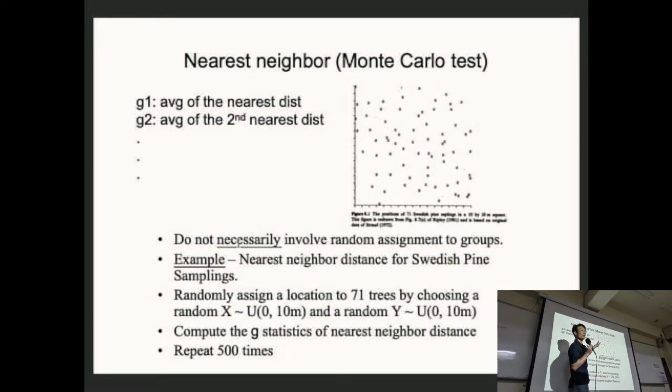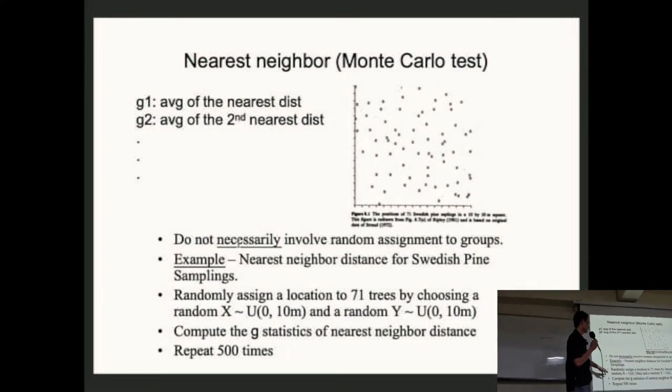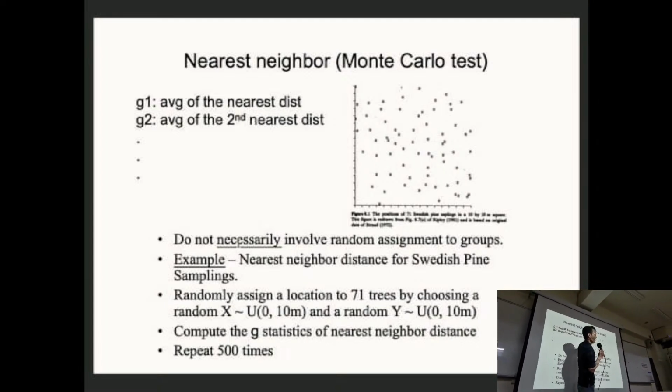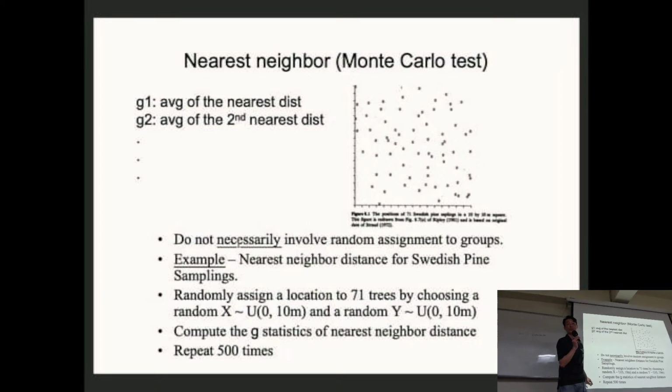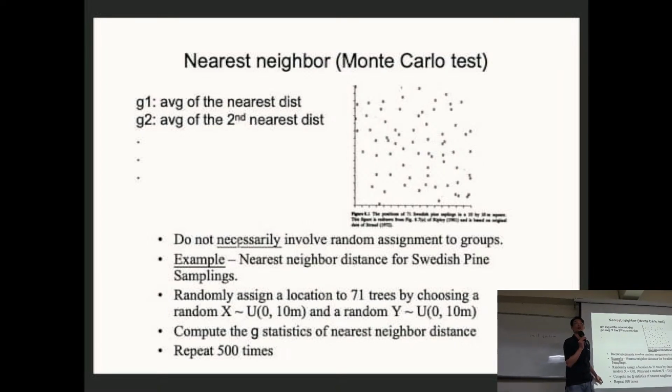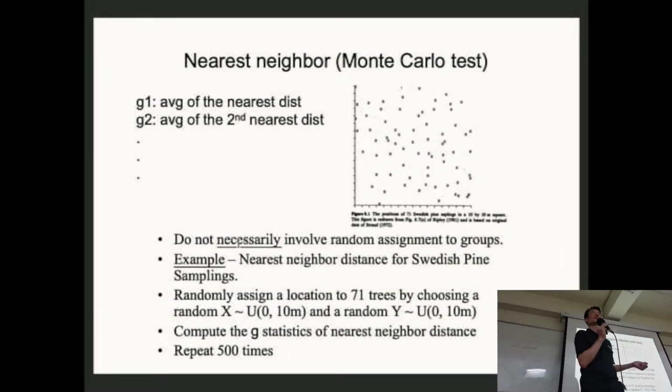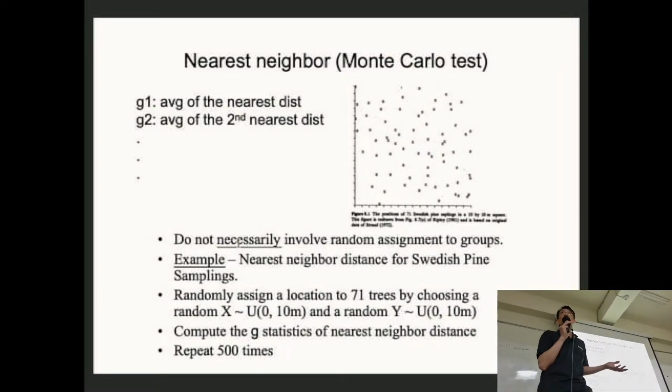So you just need to generate a uniform distribution of x and a uniform distribution of y, because the tree can grow anywhere here, anywhere there, with homogeneous probability. You can plant the tree following this very simple two-dimensional uniform distribution. That assumes the tree can grow anywhere, doesn't care about other trees, and doesn't care about environmental variability.